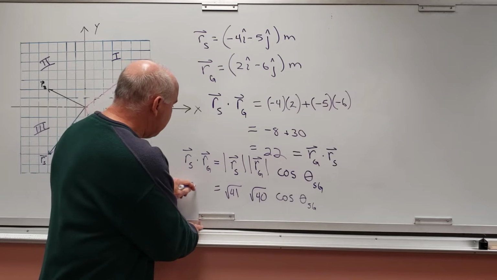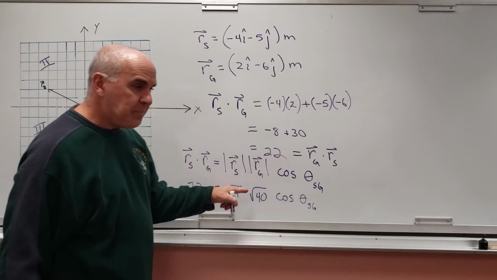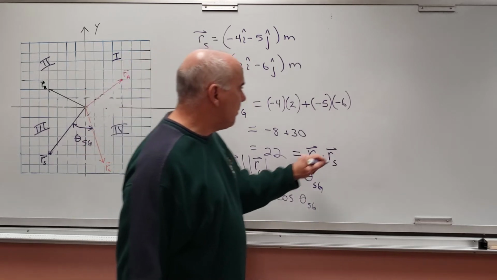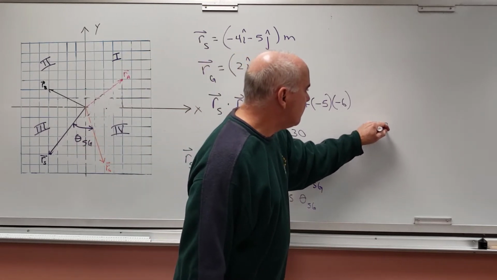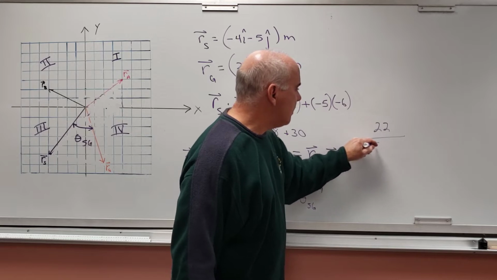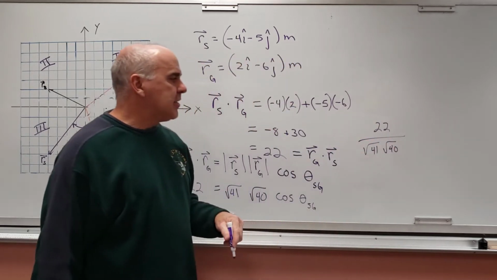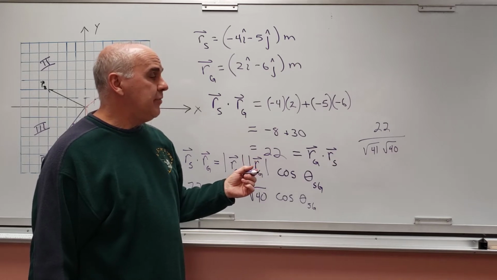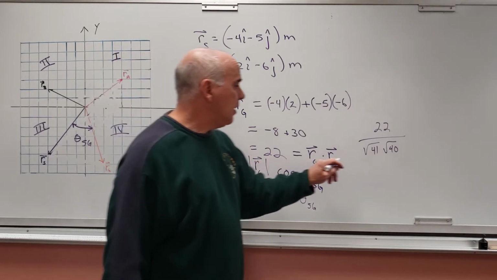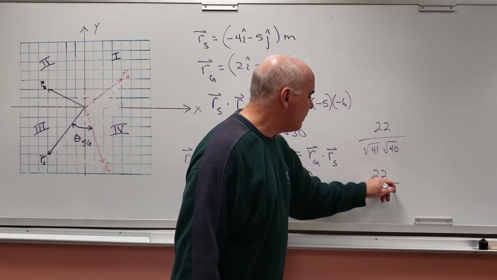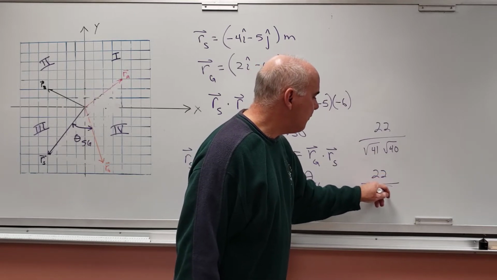All right, so if I take 22 and I divide that by the square root of 41 and the square root of 40, that's going to be 1640. I think that's right. So this is going to be 22 over the square root of 1640.